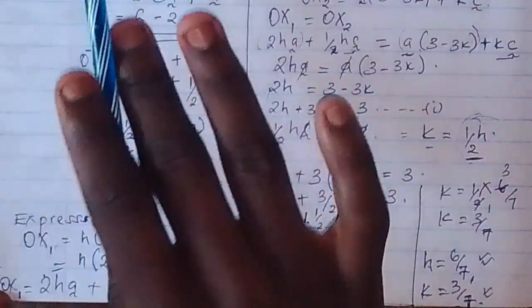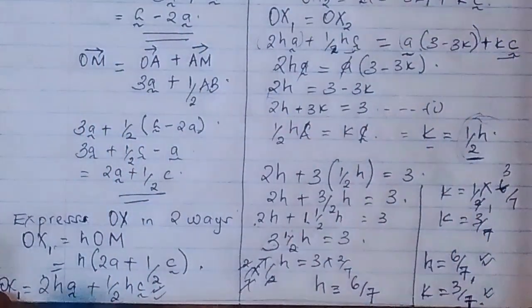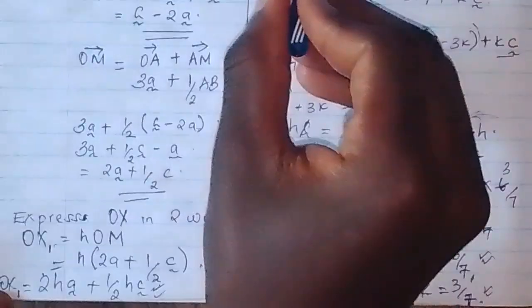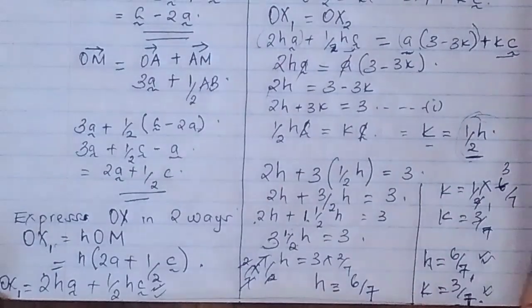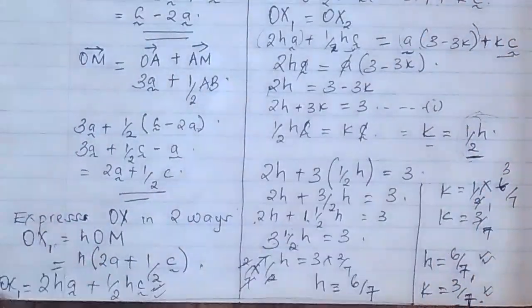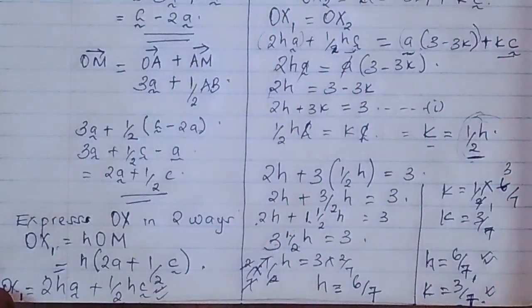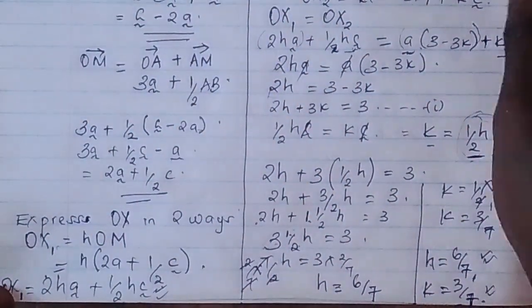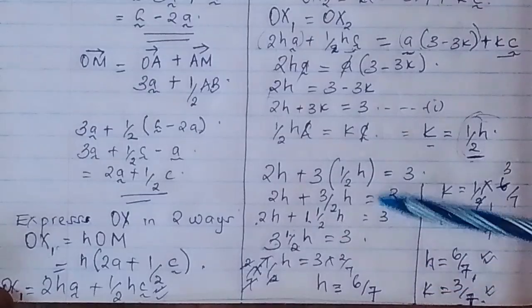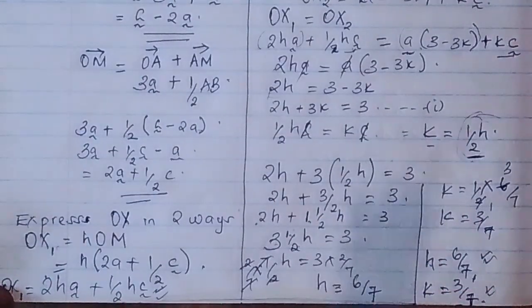Like we've expressed OX in 2 ways, of which the first way was the direct way, and the second way, AX has to be included so that we find the value of k. If we do not include it, we can't find the value of k, and the value of h also cannot be found. Expressing OX in 2 ways is just that simple.